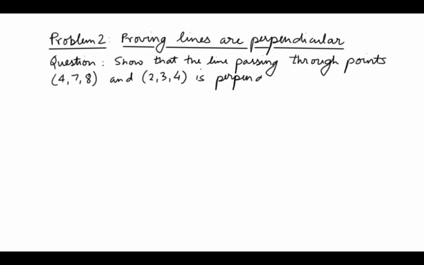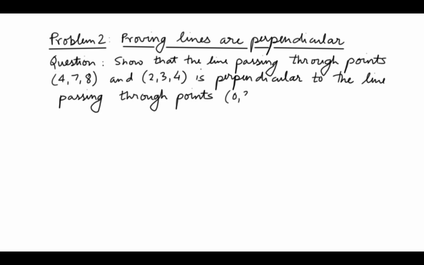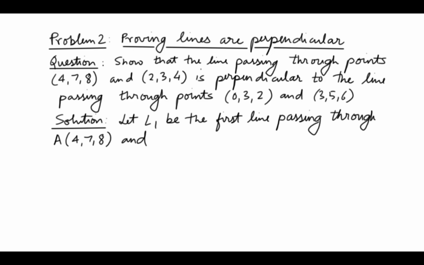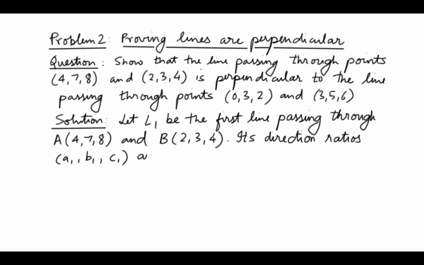So the 4 points are given. One line is through 2 points and another line is through another 2 points. The line L1 passing through A and B, the first 2 points, we calculate the direction ratios.